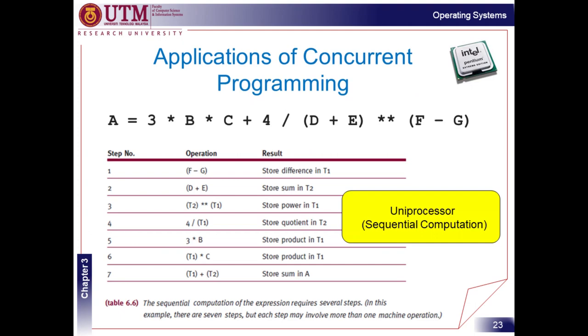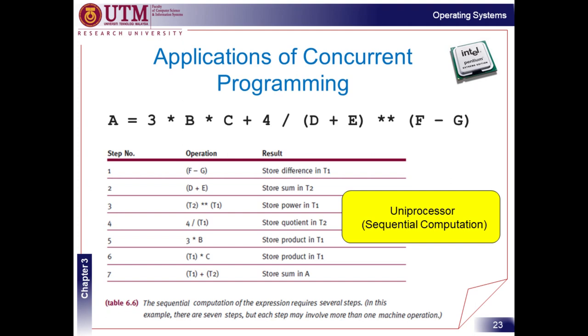In this slide, we will see some applications of concurrent programming, which is a way of writing programs that can execute multiple tasks at the same time. One example is to speed up the computation of complex expressions, such as the equation in this slide.